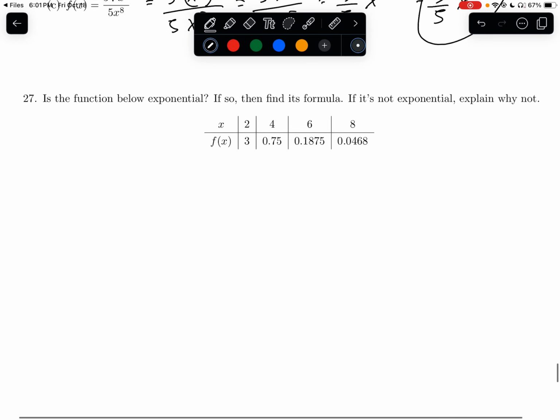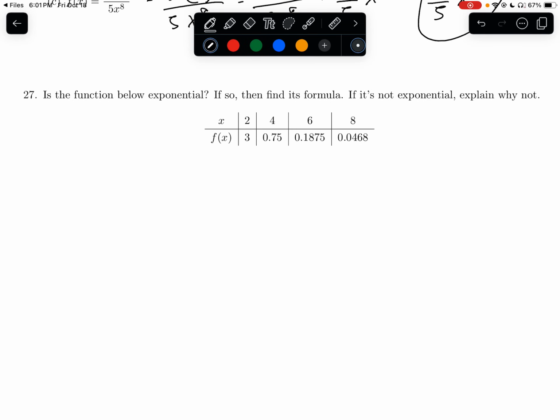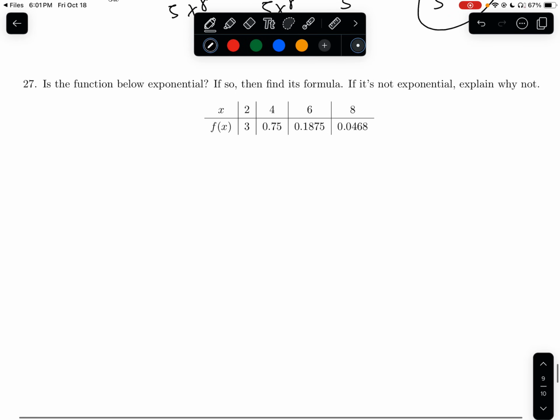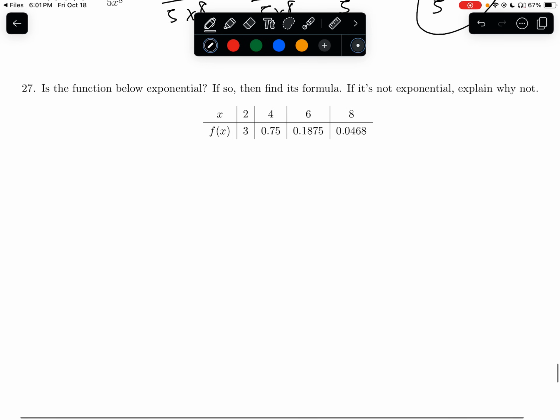Okay, next there are 2 tables. Well, that's the other question. Are these functions described numerically? Are they exponential or not? So how can we tell? Well, we need to test if the inputs are evenly spaced. So first, to go from 2 to 4, we add 2, 4 to 6, we add 2, and 6 to 8, we add 2.